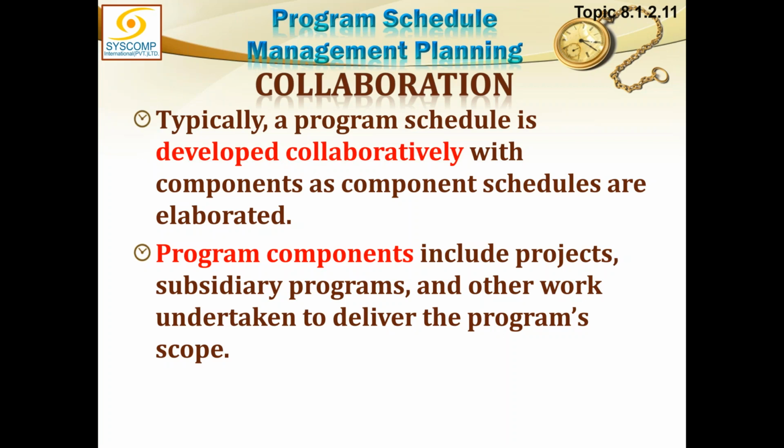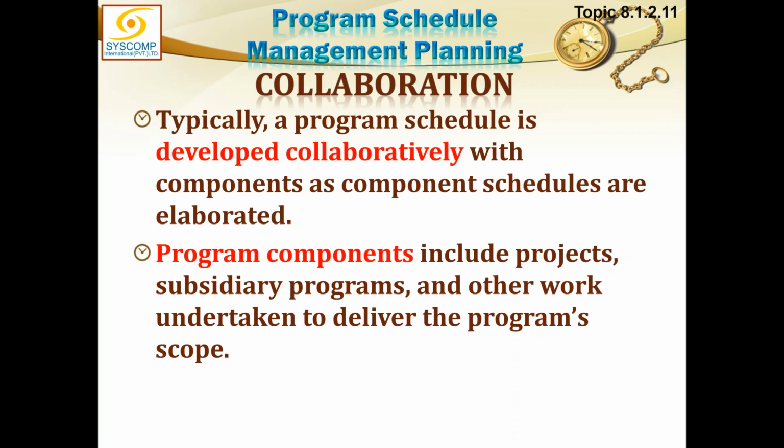And if something is not really good for the program, or it is not in alignment with how things are happening in the program, he may advise the project manager or the component manager to change it. So this is to be done in a very collaborative environment.